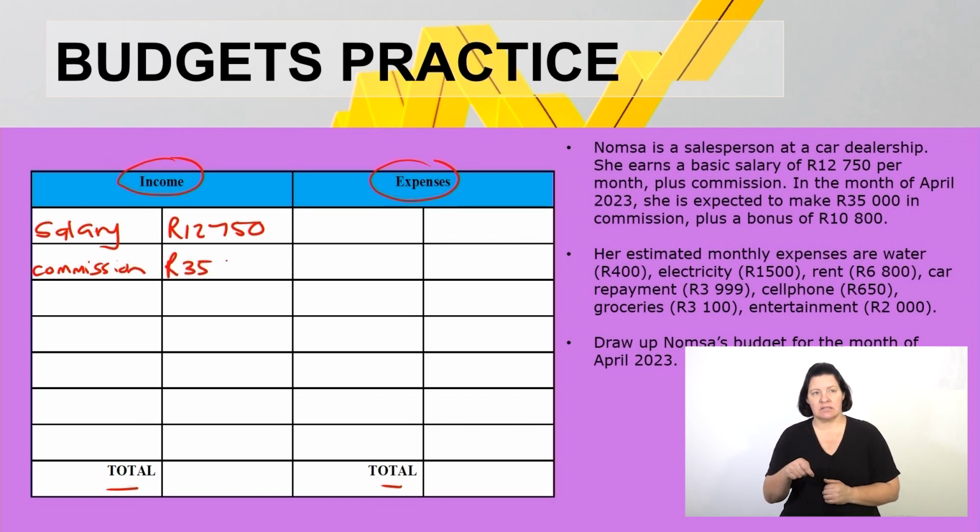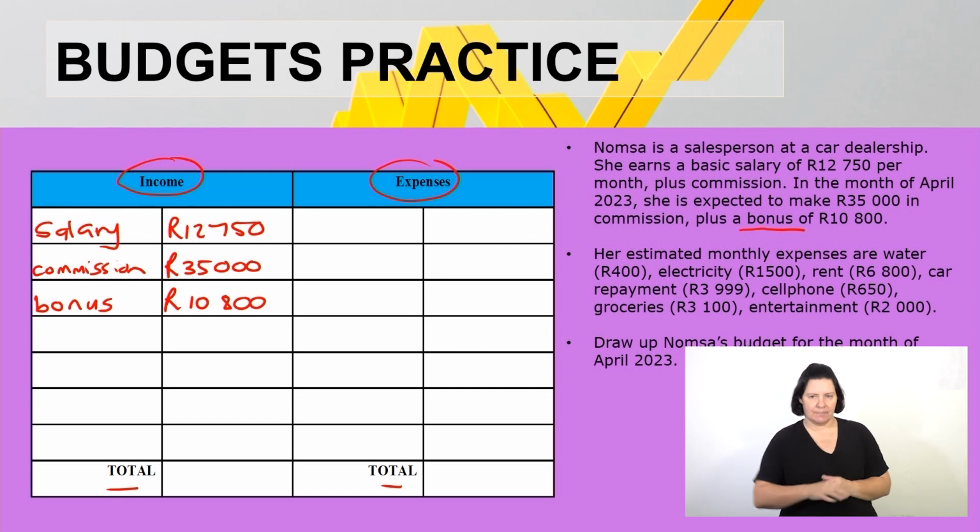That will also be an income. And then also she will receive a bonus of 10,800 Rand. So therefore I'll indicate bonus is seen as an income. So therefore I'll add the 10,800 Rand to my income column. Okay, so there's all my income.